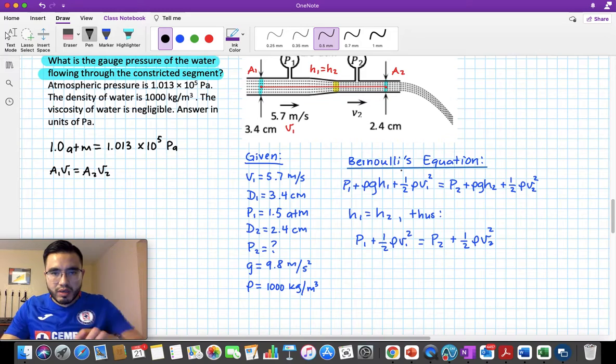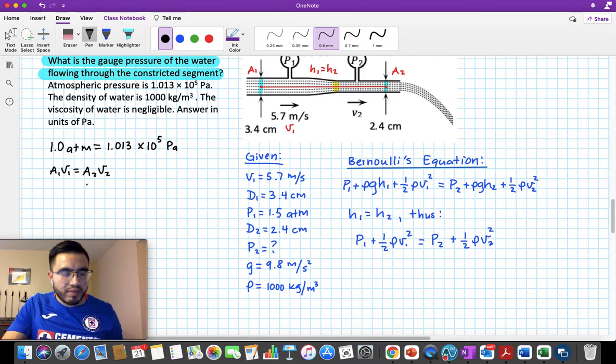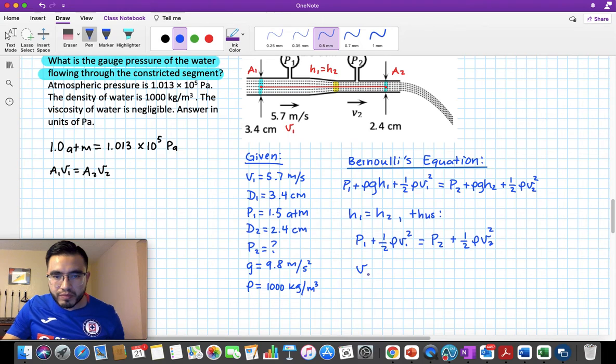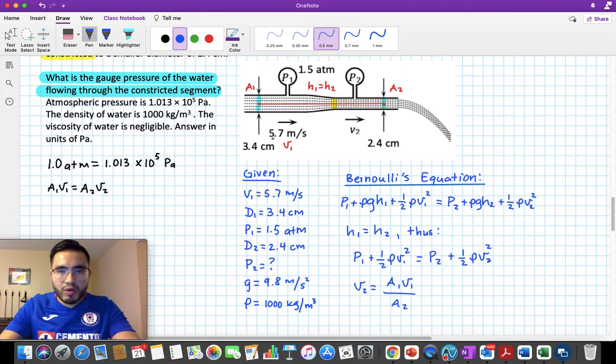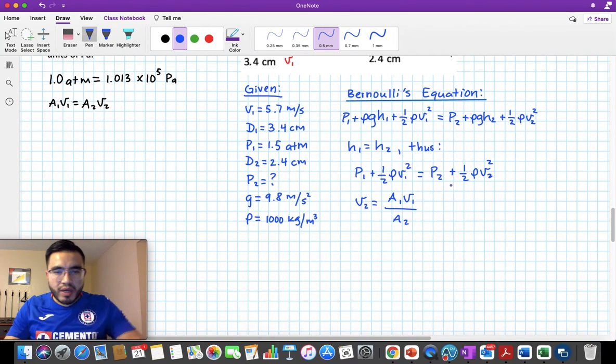I'm going to divide by cross-sectional area 2 on both sides. Then velocity 2 equals cross-sectional area 1 times velocity 1 divided by cross-sectional area 2. How do I find my area? Well, the cross-sectional area is a circle in both cases, and I know the area of a circle is pi r squared.